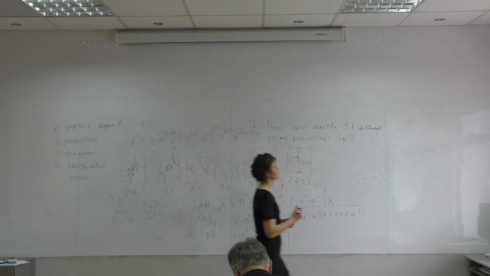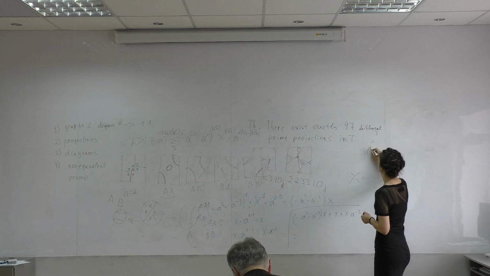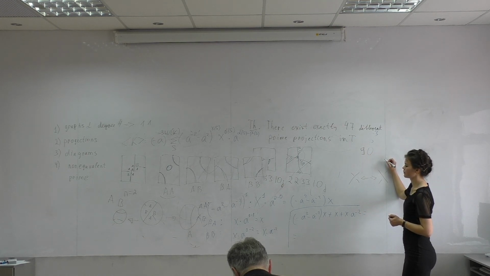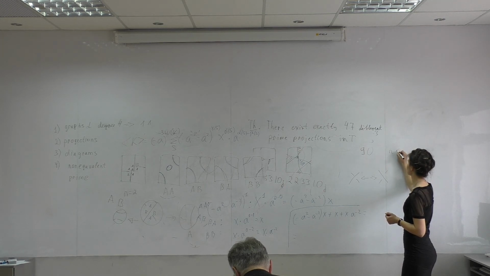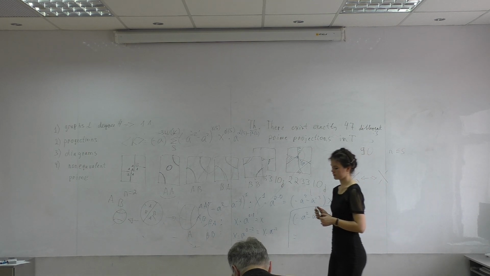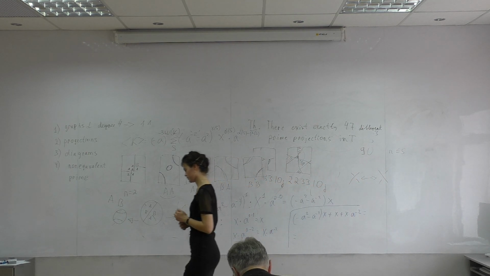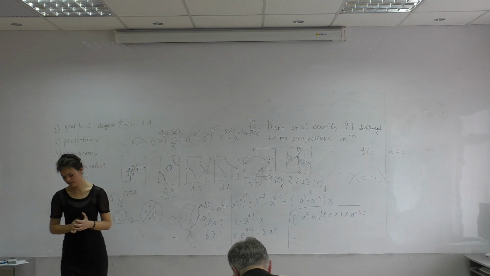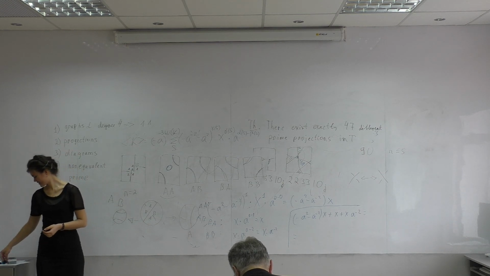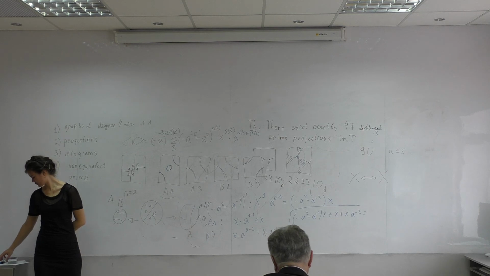You handed out the table, yes? Yes. 19 different prime knots having diagrams with at most 5 crossings. So the talk is finished.